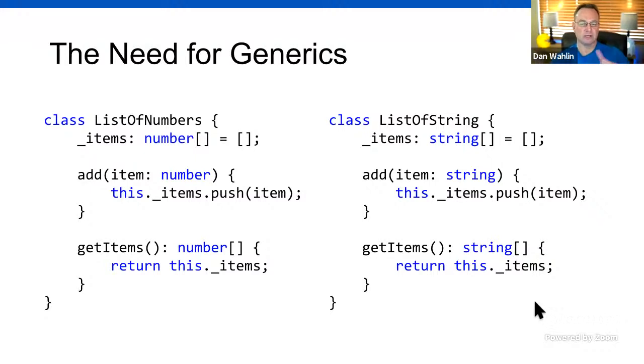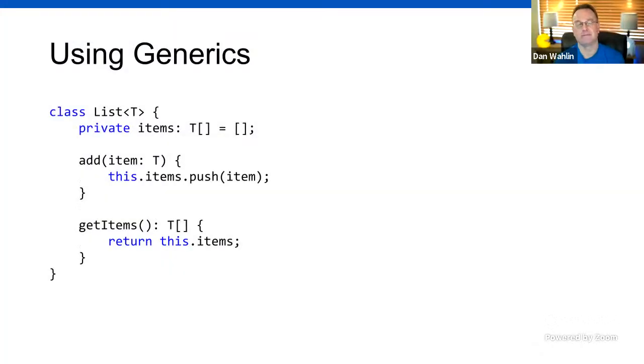Would you all agree there's a lot of code duplication there? And if you don't, I'm going to say yes, there is. The only thing that's changing there is the data type, right? We have string, string, and string. We have number, number, number. That's super repetitive. What if we could make a code template that we could reuse like this?